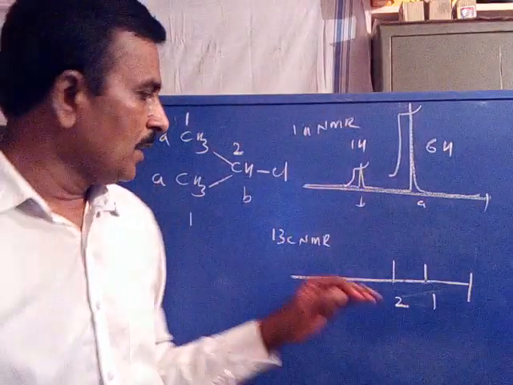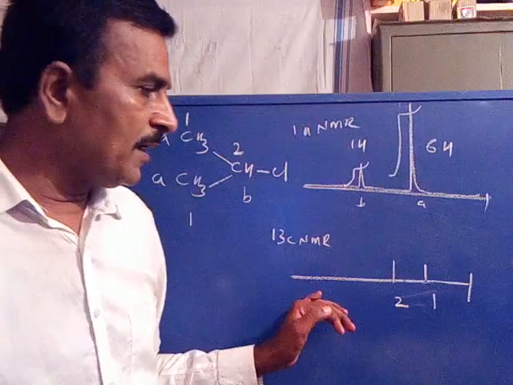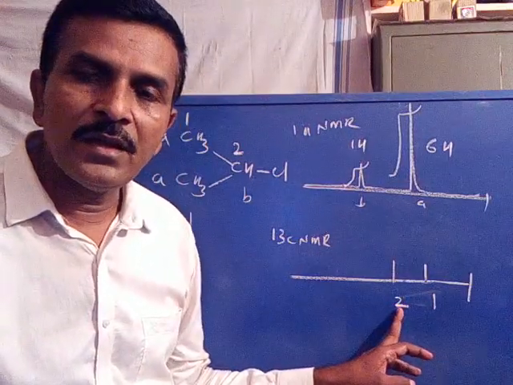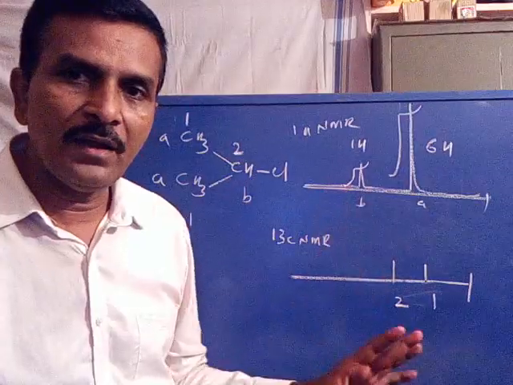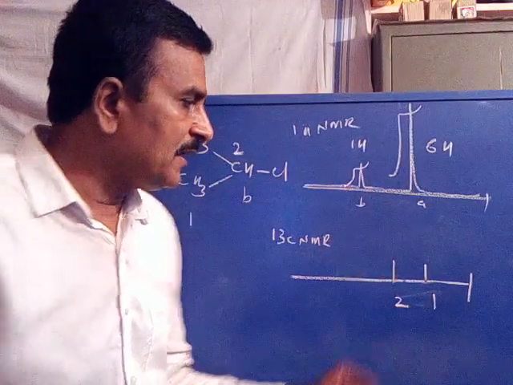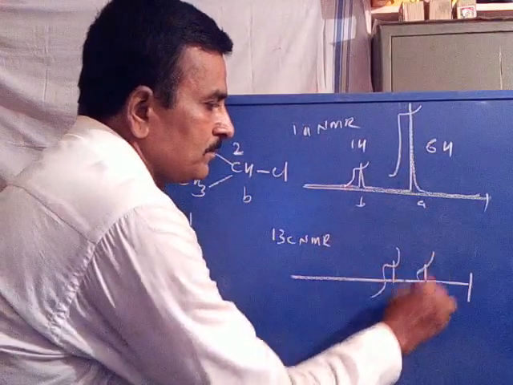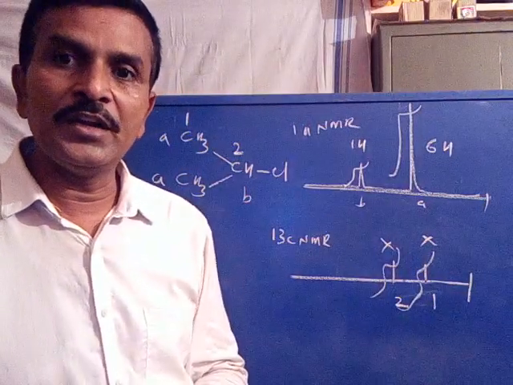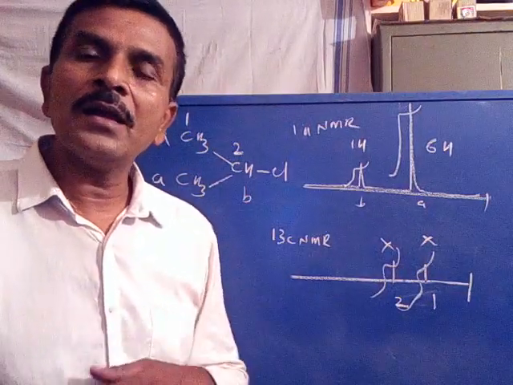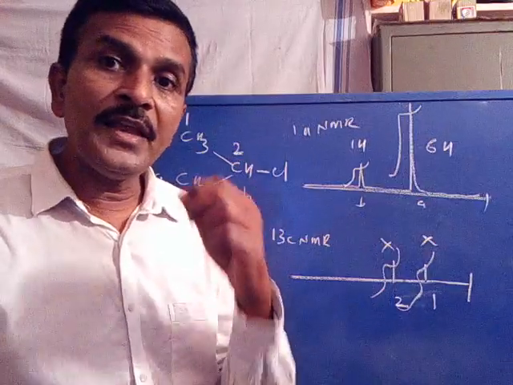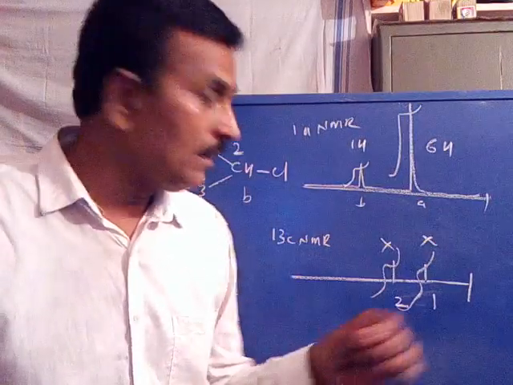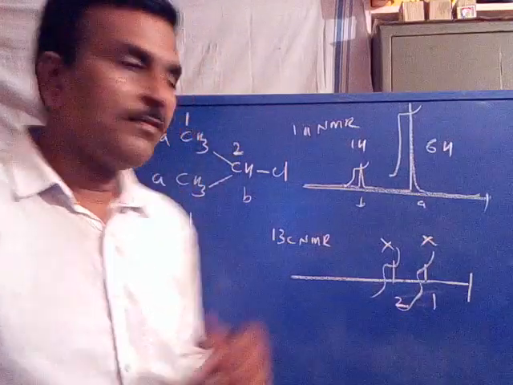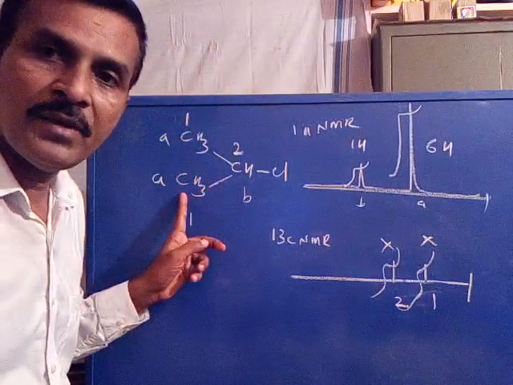Now in the second spectrum, the carbon NMR spectrum, first carbon signal, second carbon signal, 2 carbon signals appear. Now integration is not possible, so we cannot count the number of equivalent carbons present in the first set. However, there are two equivalent carbons.